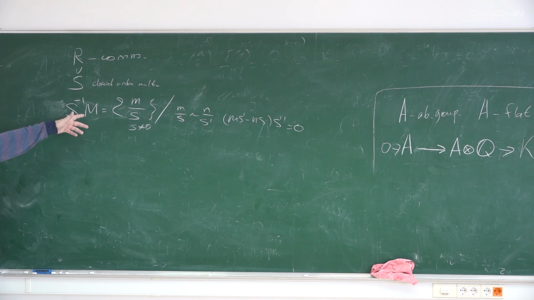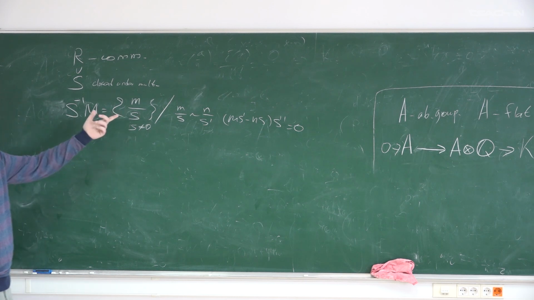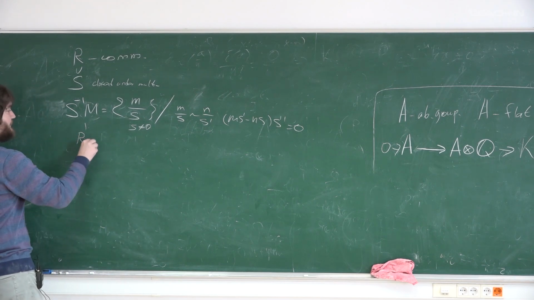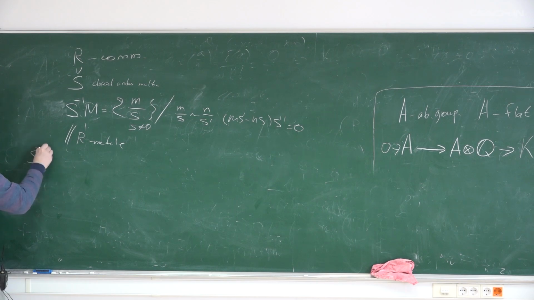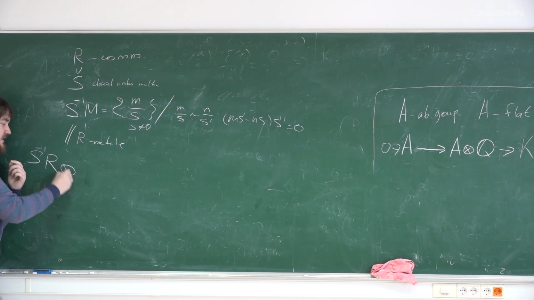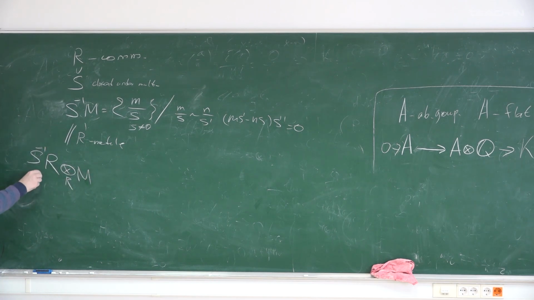Then I can define this, and if R is commutative, it will be an R module. In fact, it's the tensor product: you can invert elements in R itself, and then tensor with M. It's the same thing.